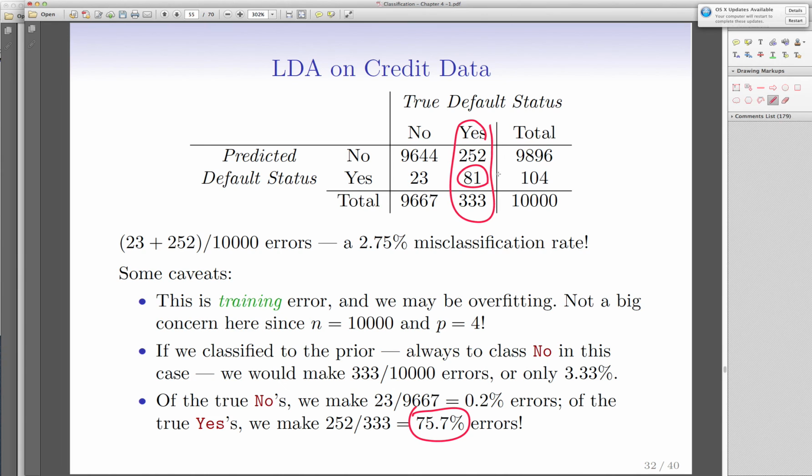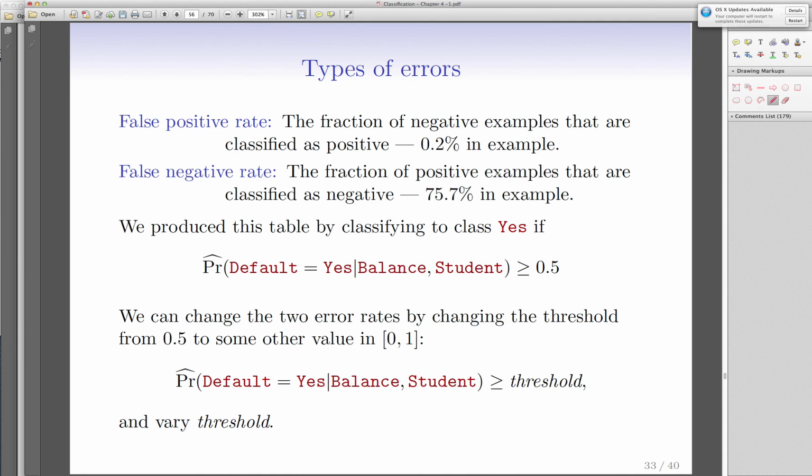How can we solve this problem? That's a question we have. And the way you can do it is to be more stringent on no default case. Now the threshold we had was only 0.5. So that means whenever some person has more than 50% chance to be a defaulter, you would categorize as default.